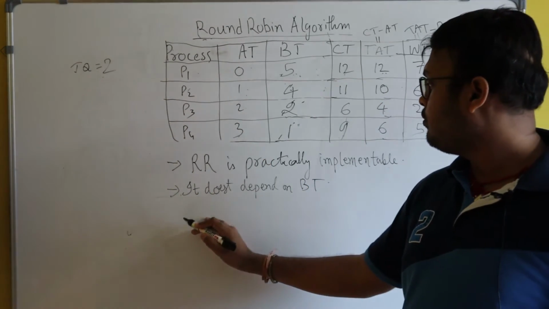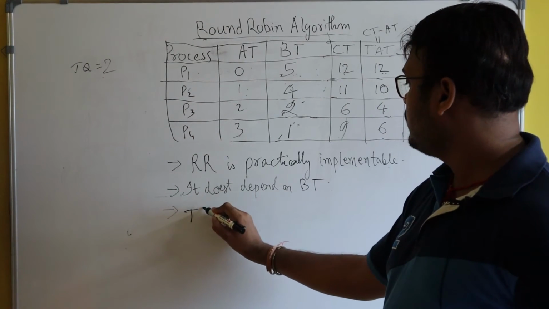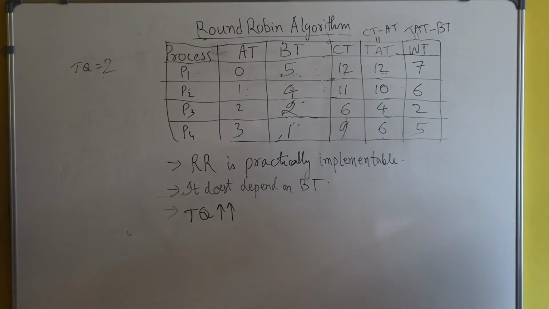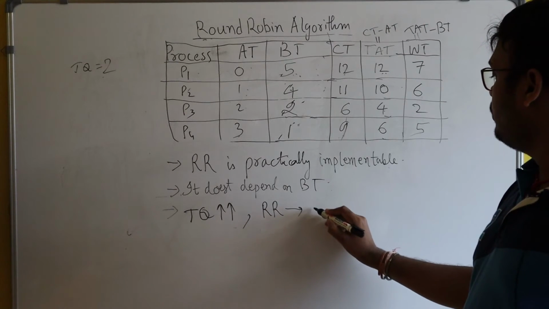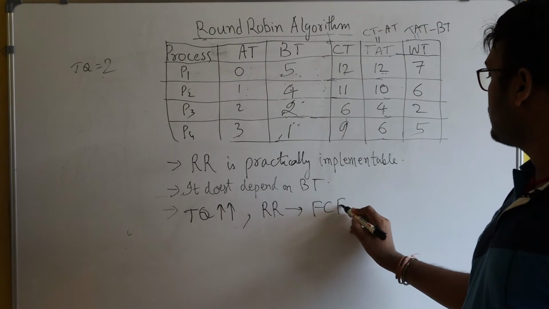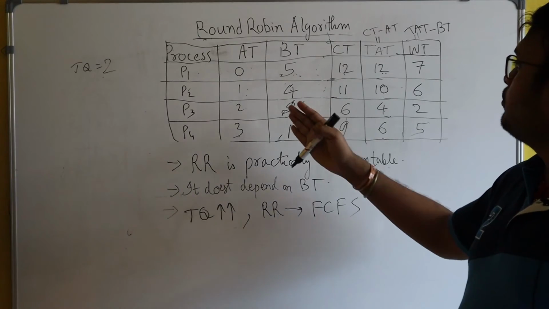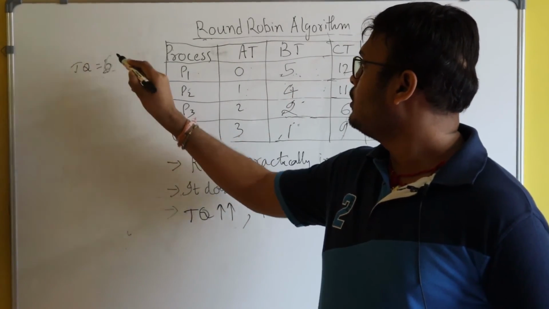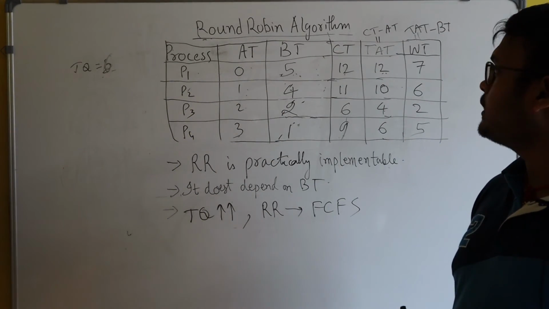So if time quantum is very high, then the RR algorithm will be converted to first come first serve. Say the time quantum has become, suppose, 6 seconds. It means all the processes can run for up to 6 seconds.